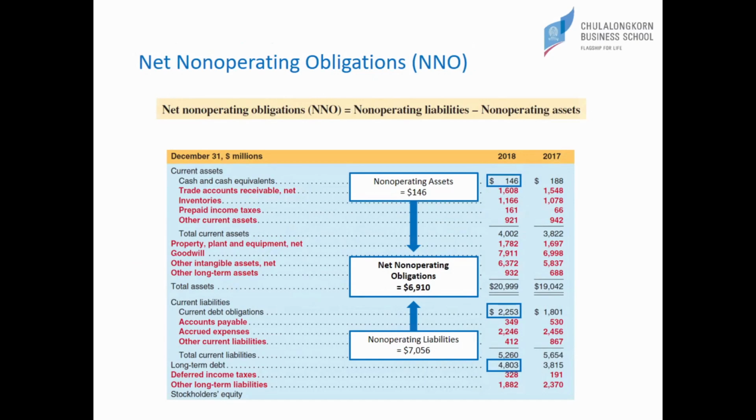These are from the financing decision, so these are not from the company's operation. They are just from financing, so they're not considered operating liability. You sum up these two items, and you subtract the non-operating asset, which is cash and cash equivalent of 146. And you get the net amount, the net non-operating obligation, or NNO.